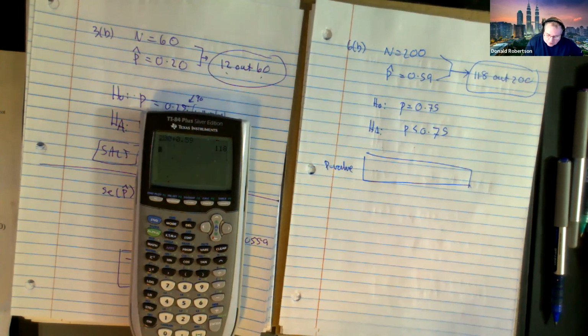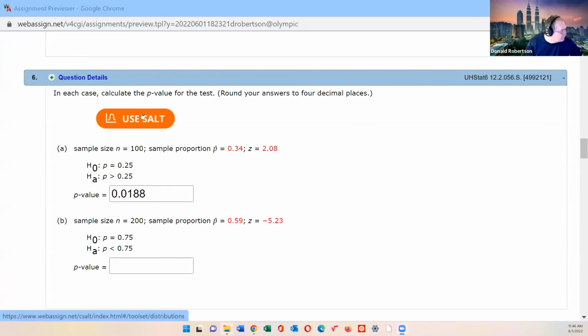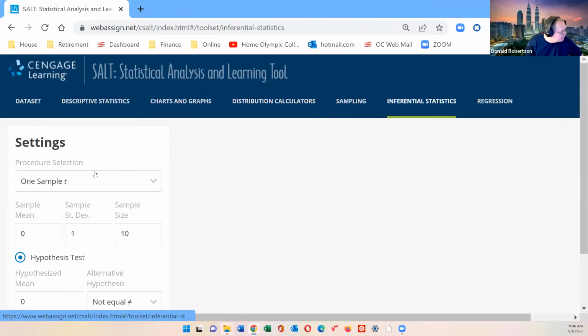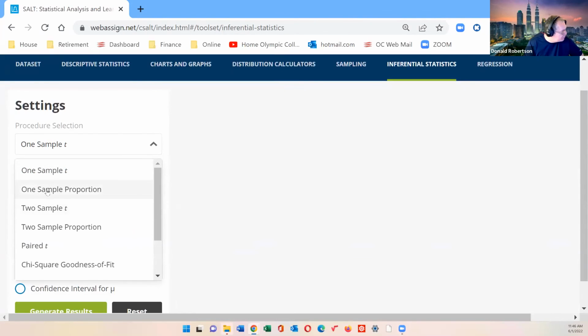So now that I've got all the data that I need, with a bit of luck, you should get it to work. Use SALT. Right, are you looking at SALT? Hit inferential. Make sure that it's in one sample.